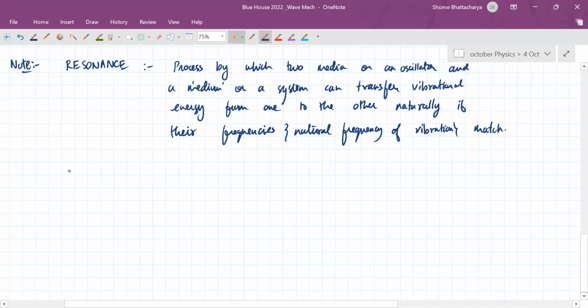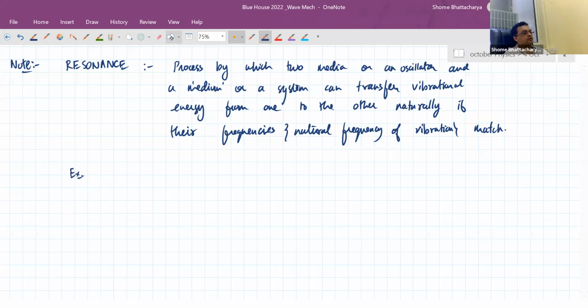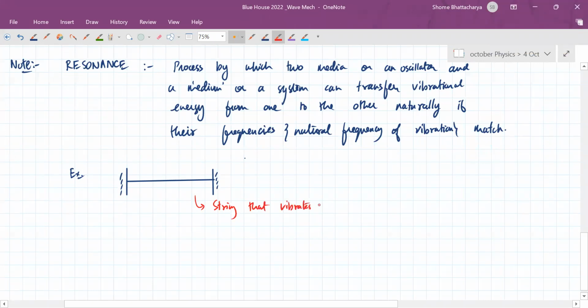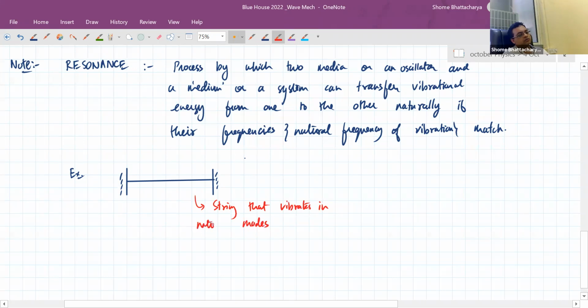An example of this would be a system where you have a string which is tied between two rigid supports. This is a medium that is capable of vibrating at certain natural modal frequencies, the natural modes which we just now saw.